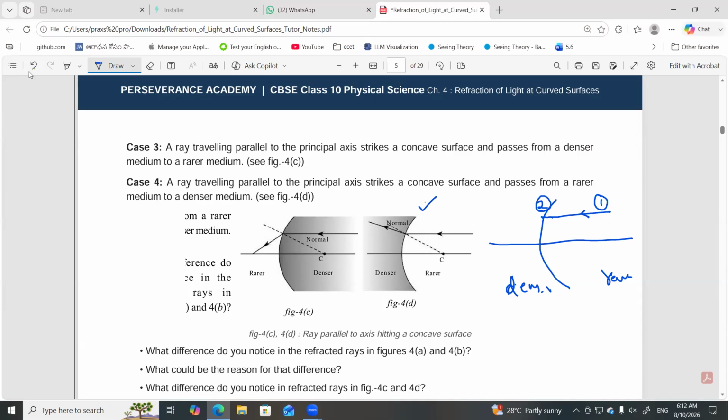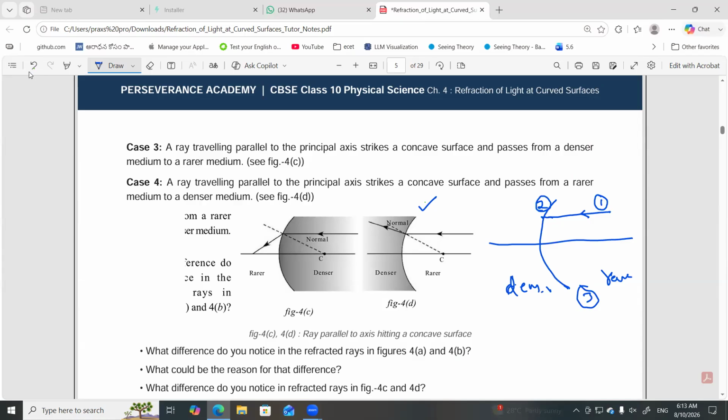A light ray which is parallel to the principal axis, meeting the concave surface, and passing from rarer medium to denser medium.